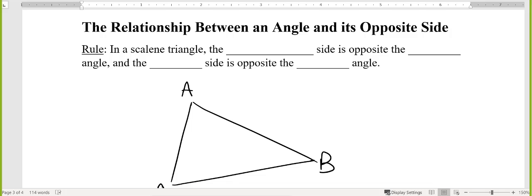In a scalene triangle, the longest side is always opposite the biggest angle. And you know that the shortest side is going to be opposite the smallest angle.